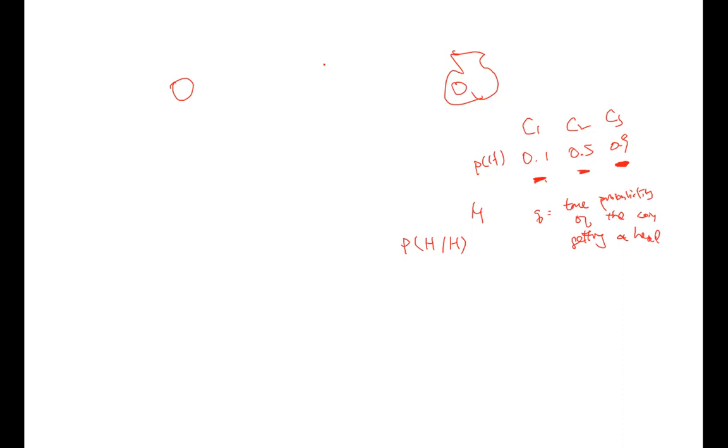Now this is the first toss where I got a head. I want to ask what's the probability of getting a head again in the second toss, right? So if I use Bayes, what I'm going to do is first estimate what's the probability, what's that.